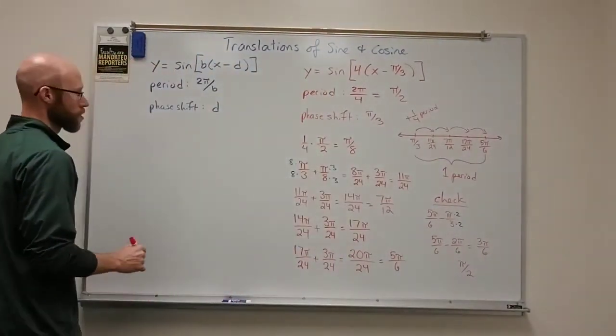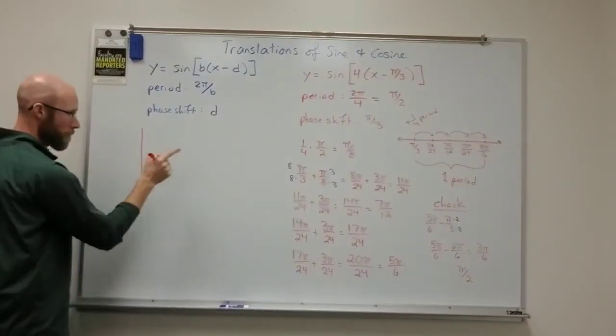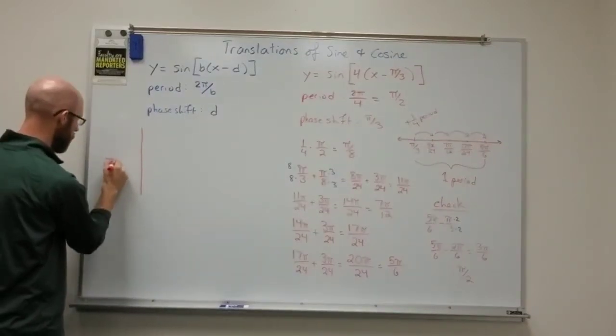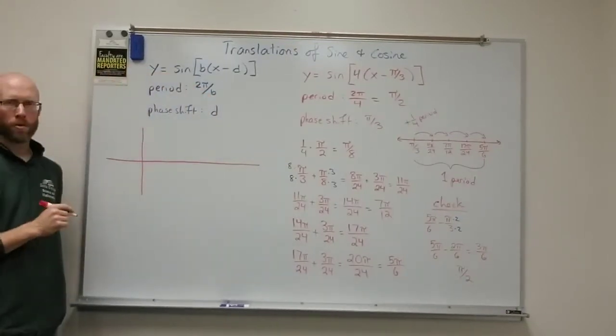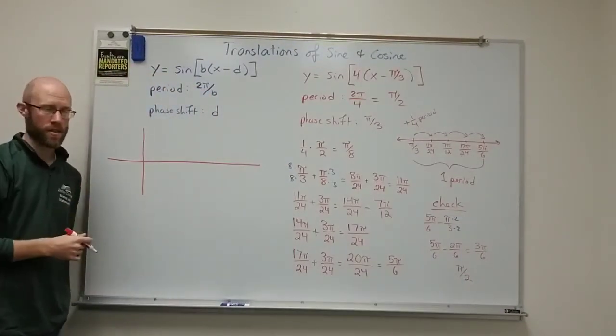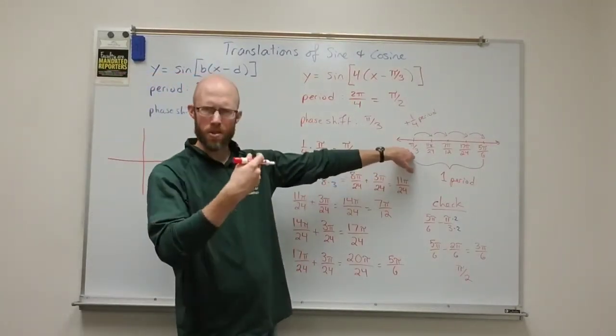When I plot my graph now, I want to make sure that my 5 key points are scaled properly on the x-axis. Okay, so the 5 key points here need to be scaled correctly.